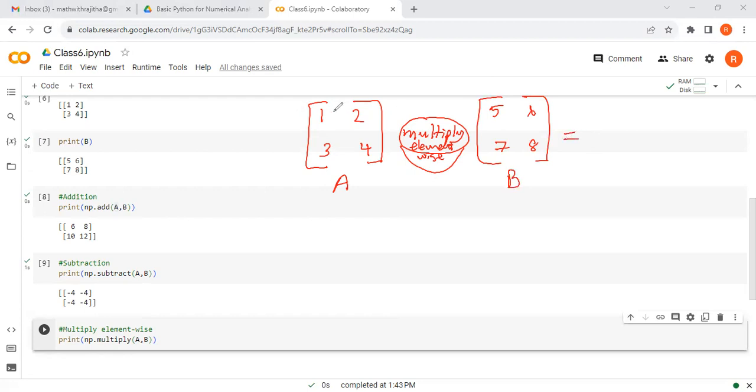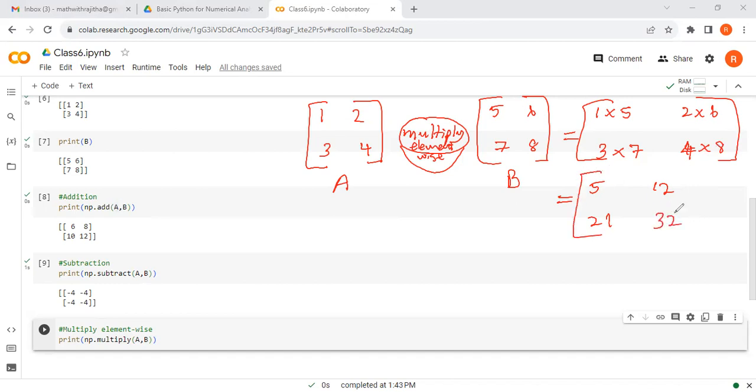So we multiply element wise. The first entry multiplied by the first entry here. 1 into 5, 2 into 6, 3 into 7, 4 into 8. 5, 12, 21, 32.